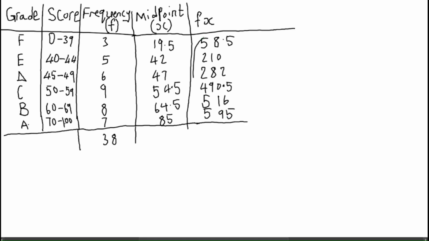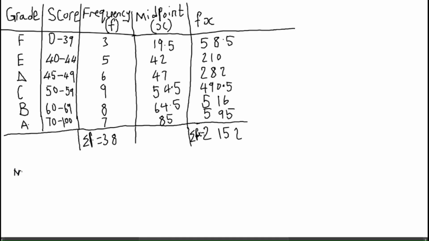Now let's take the sum of this column. Go ahead and add those numbers using a calculator. The total that I have is 2152. Now we know the summation of f is 38, and the summation of fx is 2152.